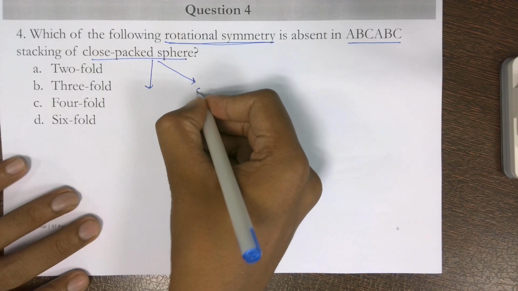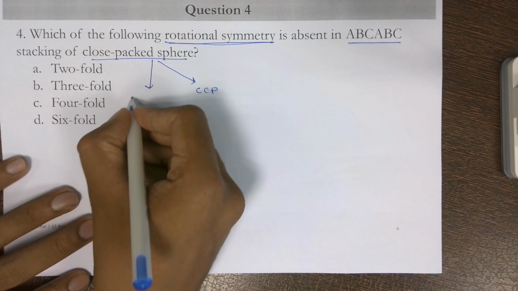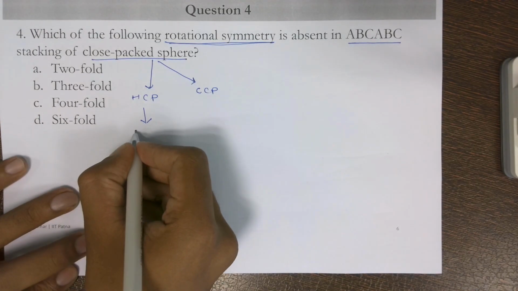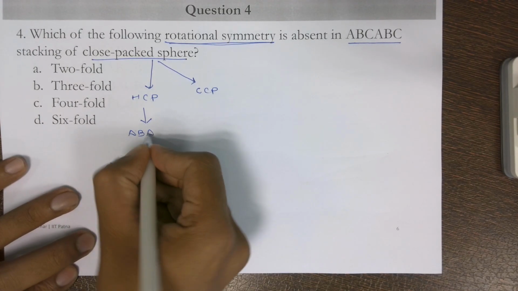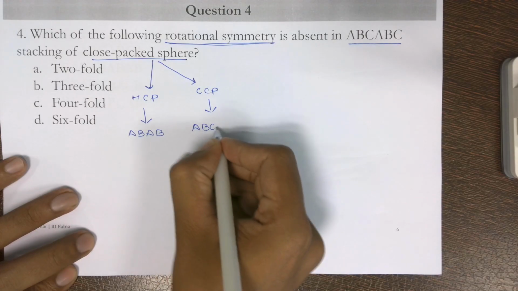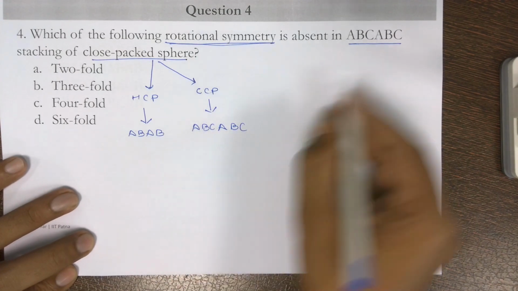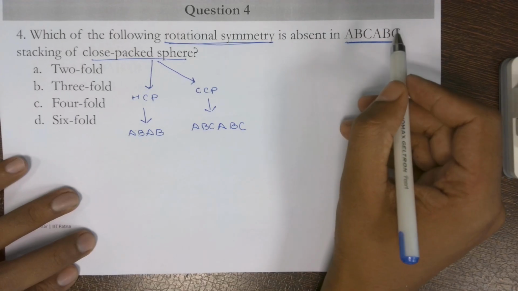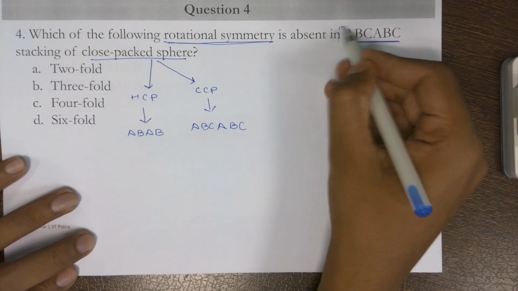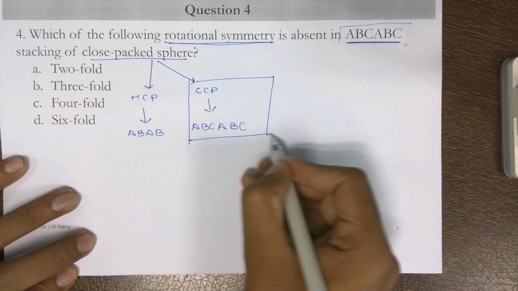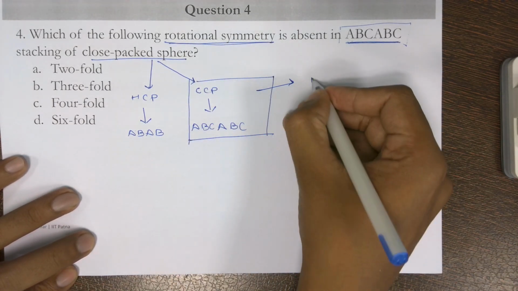It can be cubic close packed and it can be hexagonal close packed. Hexagonal close packed has the stacking of AB. Cubic close packed has the stacking of ABC. Since our question is concerned with ABC, it is cubic close packed, that is face-centered cubic.